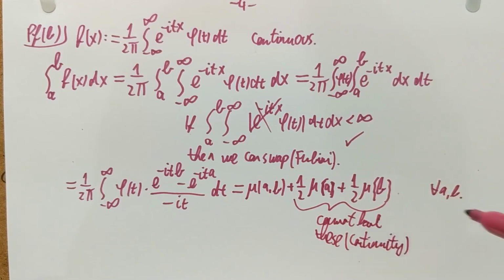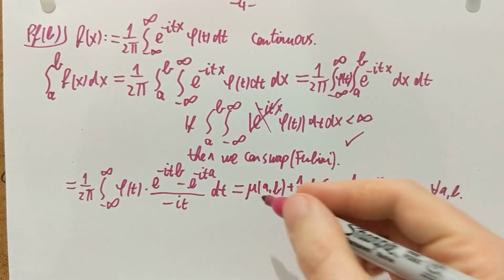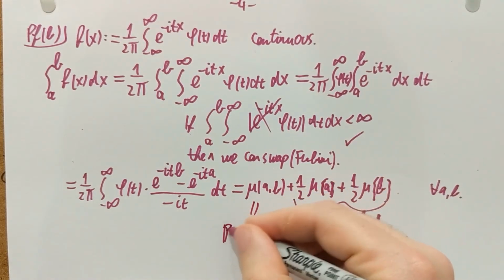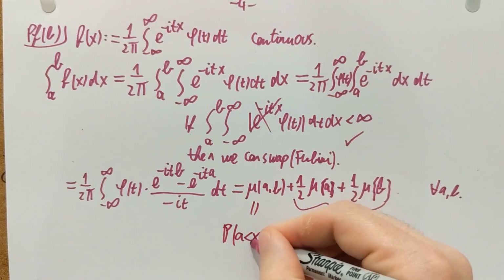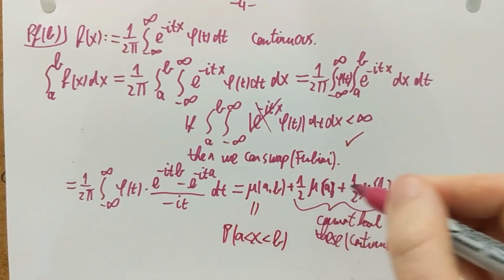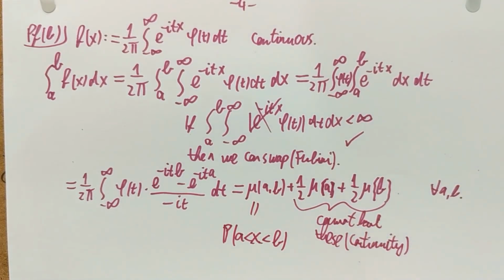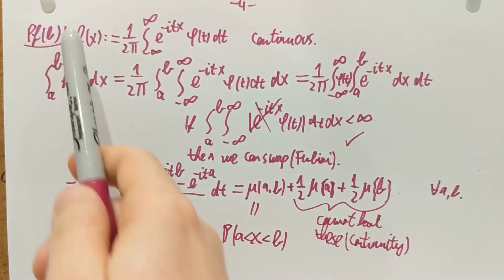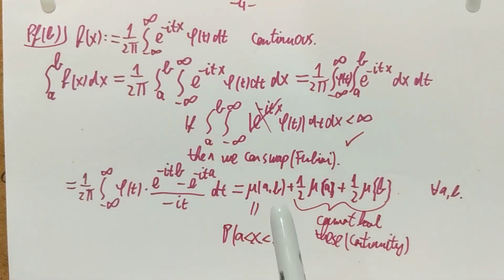In other words, my distribution cannot give masses on individual points, it can only give masses on intervals. And this was exactly the probability that my random variable is strictly between a and b. That's how I defined mu. What I found is that the integral of this function here is exactly giving me the probability that my random variable is in that interval. That was the definition of a density.